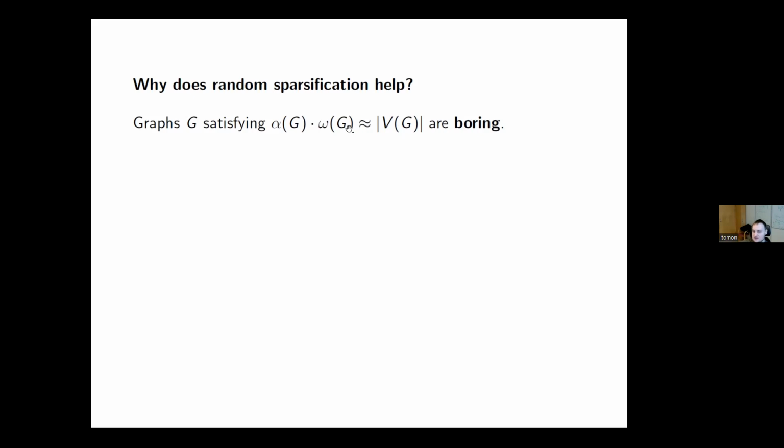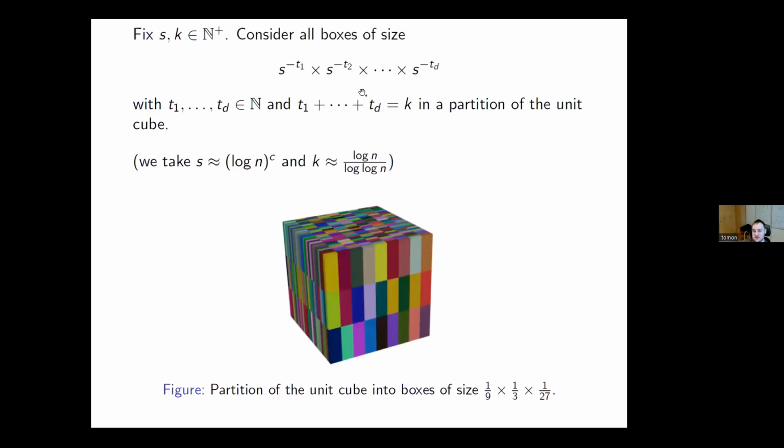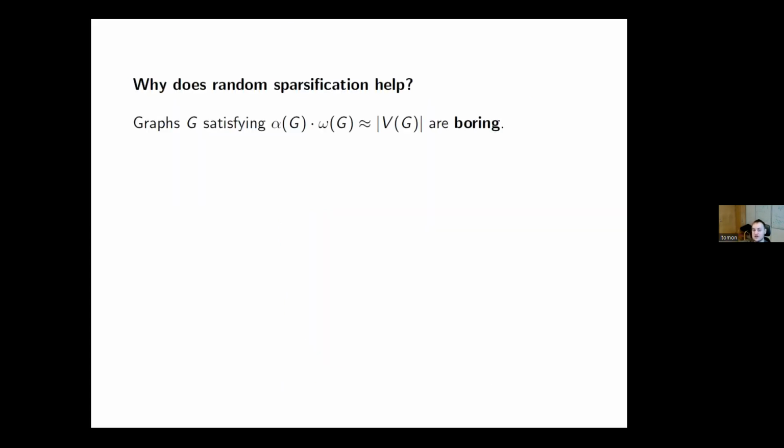Some perfect graphs have this property, and if you tell a first-year university student to construct some graph, most likely they will construct a graph with this property. Indeed, if I wouldn't do the random sampling, and just took all these boxes from all these partitions, then the intersection graph would satisfy equality here.